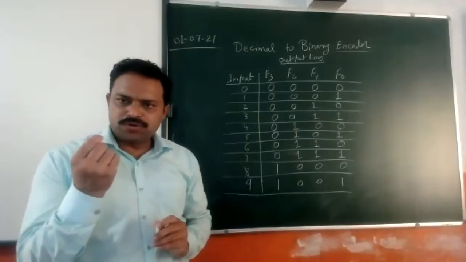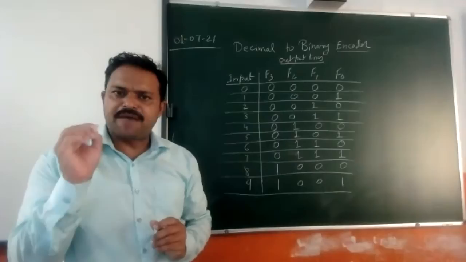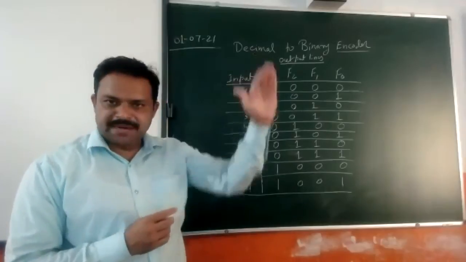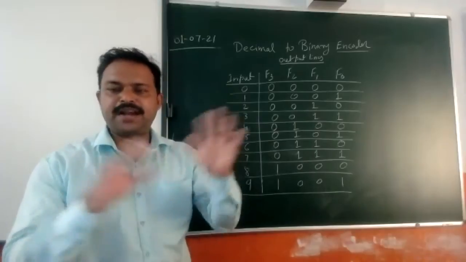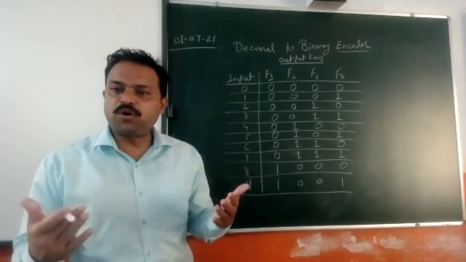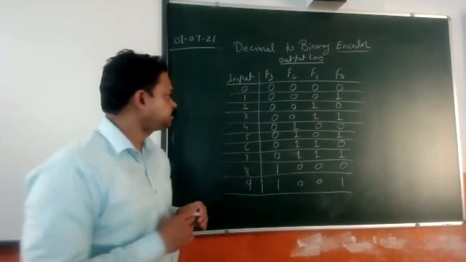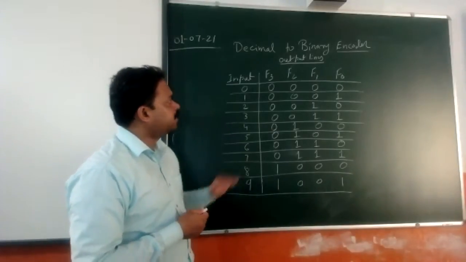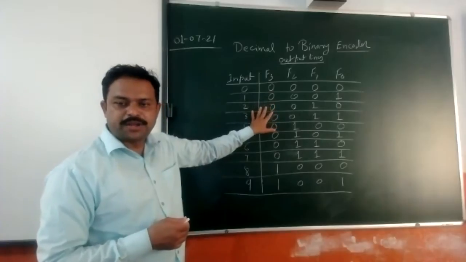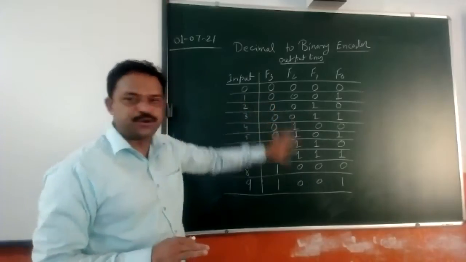I know some doubts are there, 1%, 2%, still you have a doubt. But let me complete the circuit diagram and its working process. Automatically, you will understand how the encoder works. Okay. So you keep this truth table in your copy. I am going to rub.